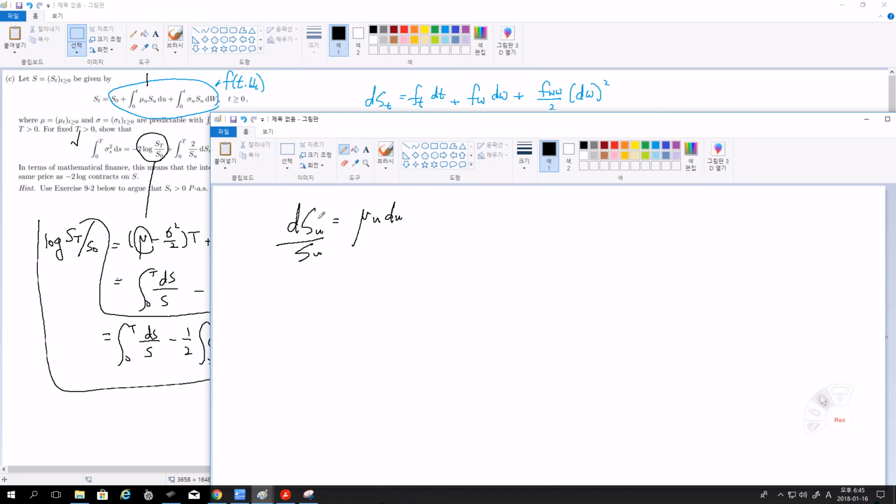Actually, I divided each side, let's divide later on, by S_u dt. Actually, again, let me use t.